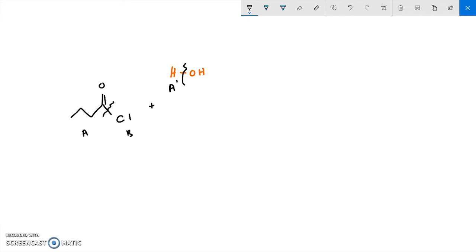It will always be that the H becomes the A prime. The rest of the attachment will become B prime. So we switch the partners. Remember, it must be a combination of A and B prime, while the A prime combines with the B. So we can proceed with the product.